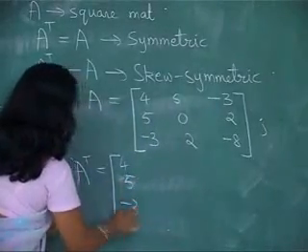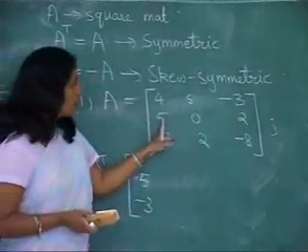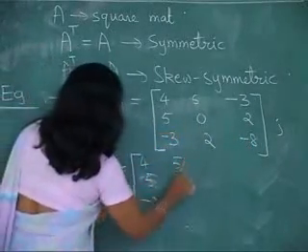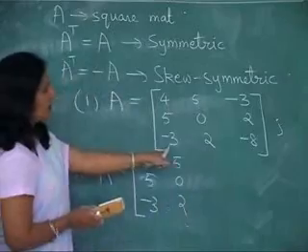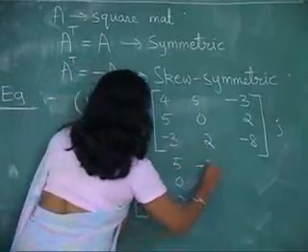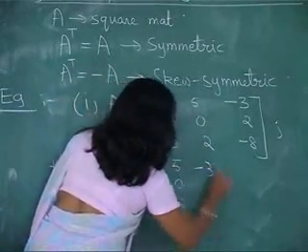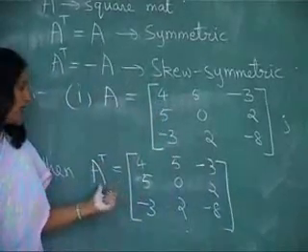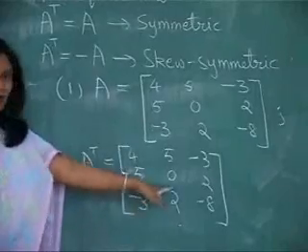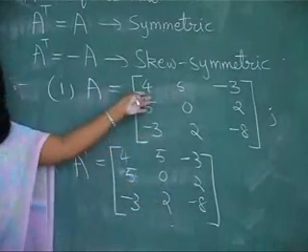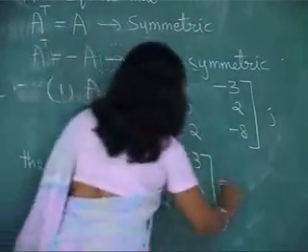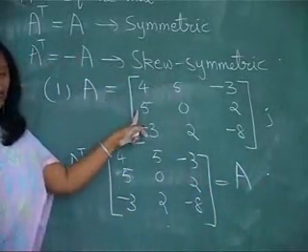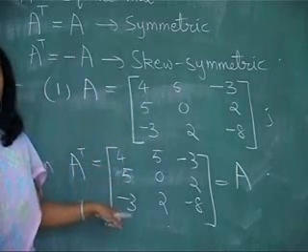Second row is 5, 0, 2. That is now going to become the second column. Third row is minus 3, 2, minus 8. That will now become the third column. So after interchanging the rows and the columns, I get the transpose to be equal to this. Compare it with the matrix A. You will notice that A transpose is the same as A. So this matrix is a symmetric matrix.